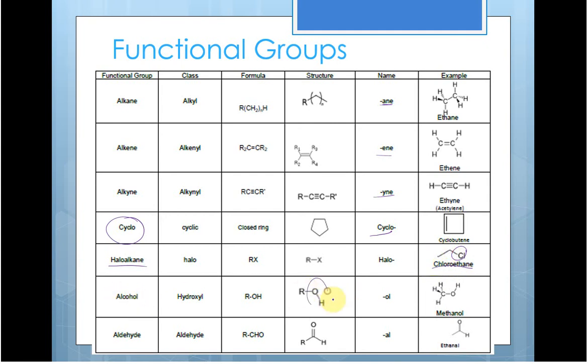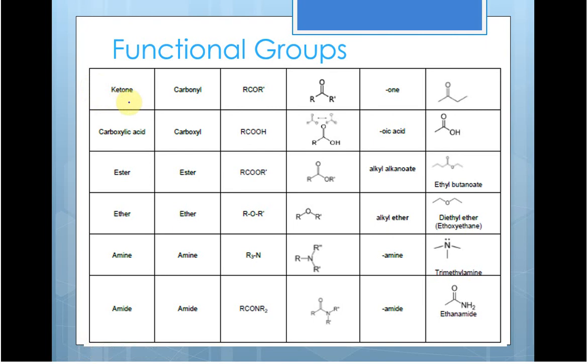Alcohols contain a hydroxyl group, and they're going to have the suffix -ol. Aldehydes are very similar. They're going to have a carbonyl carbon, which is a carbon double bonded to an oxygen, attached to a hydrogen. And this is very similar in ending. It's an ending of -al. So while this is methanol, this is ethanal.